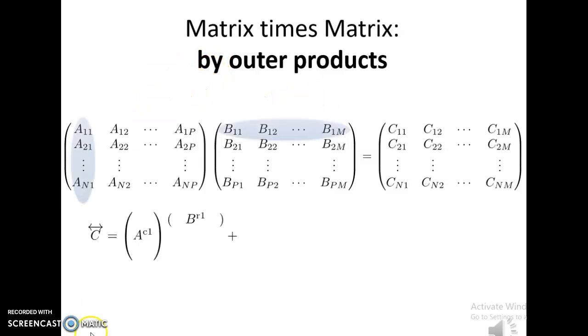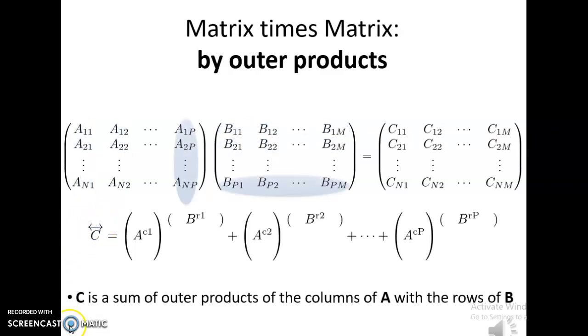By outer products, that's why here it is outer, not inner. How do you compute the outer product?